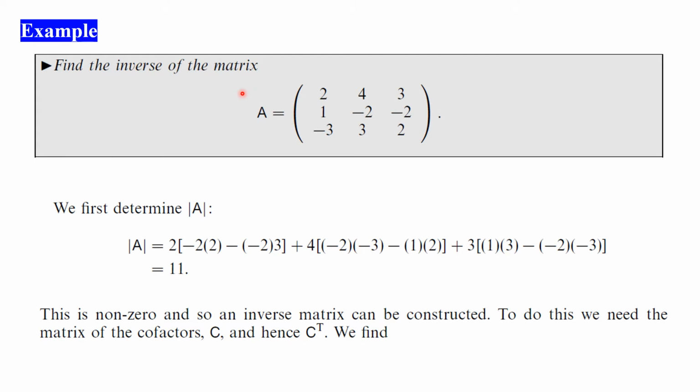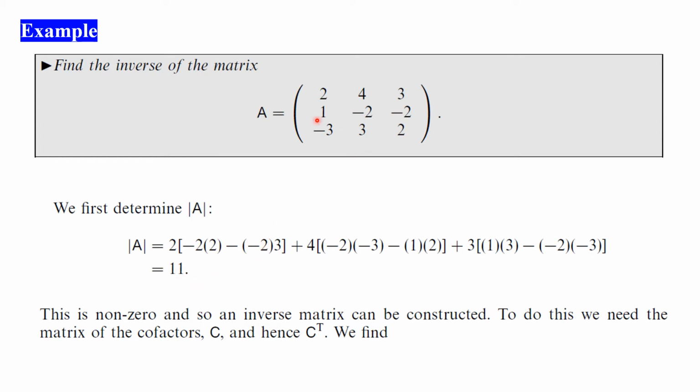For this matrix, we are asked to find the inverse of A. So you can find first, for example, the determinant of A. The determinant of A using your first row and finding the cofactors is equal to this one. And simplifying, you get a determinant value equal to 11.